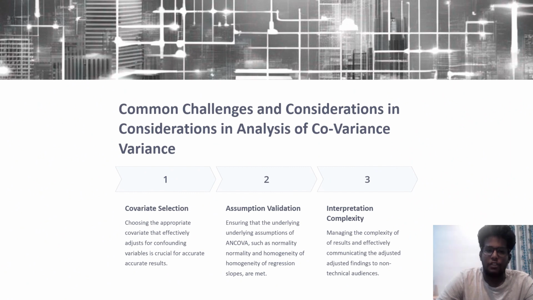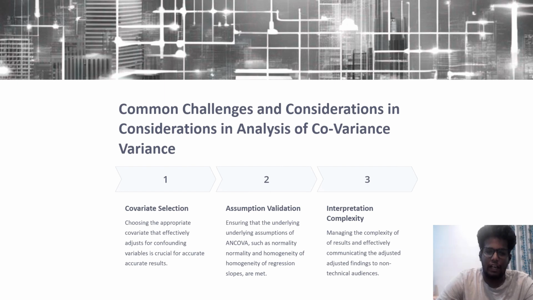Till now, we have seen what analysis of covariance or ANCOVA is. Now we'll see the common challenges and considerations in analysis of covariance. First, the covariate selection. Choosing the appropriate covariate that effectively adjusts for the confounding variables is crucial for accurate results. Second is assumption validation.